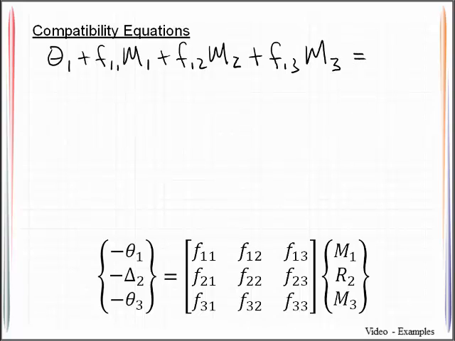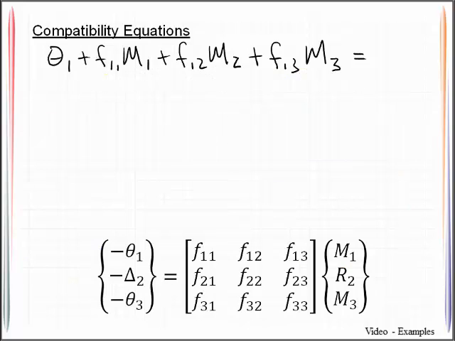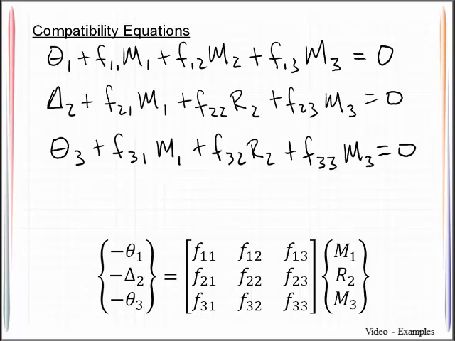And we know that the real rotation at that location is going to be 0 due to the original support condition. Now we will go ahead and write those summation equations for each of the other two locations, and then rewrite it in matrix formation.